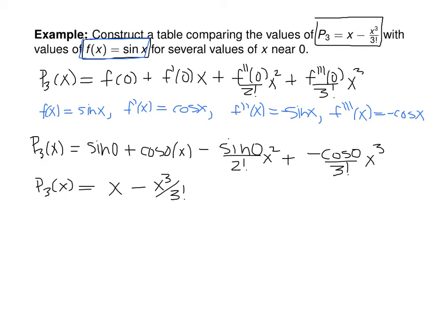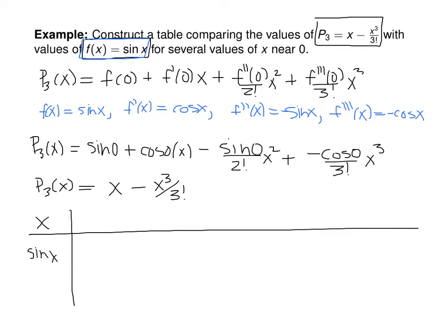Alright, now let's make that table and compare the values of this function to the values of sine. So sine x and then p3 of x. And this estimation is constructed around 0, so it is accurate near 0. It's obviously not going to be accurate if x is equal to like 125. But for things close to 0, it is pretty accurate.